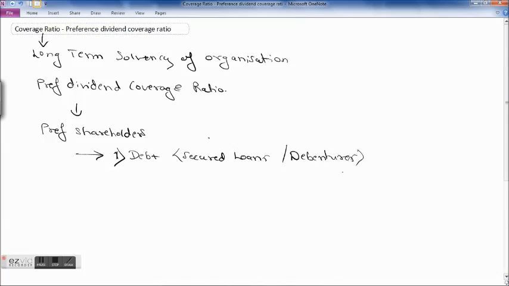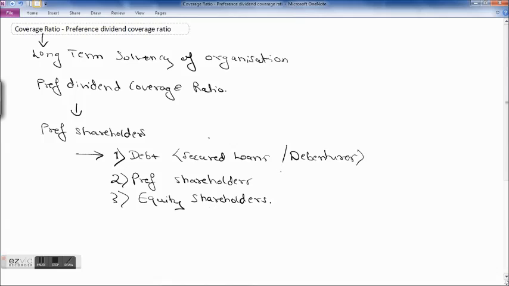Then the second priority is given to your preference shareholders, and the third, at last, is equity shareholders. If something is remaining, that is shared among equity shareholders.